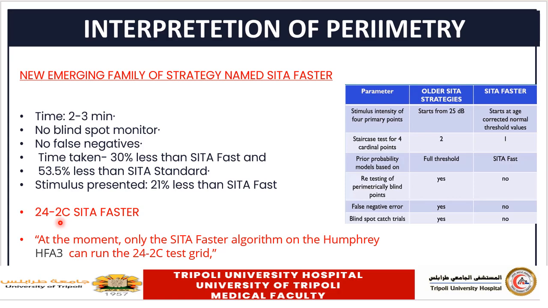So by this, we finish the different strategies, that's SITA Standard, SITA Fast, and SITA Faster. And we will speak about the other strategies, especially in Octopus, like the tendency-oriented perimetry and the dynamic strategy, in brief, a few words. Then we will start speaking about the pattern of perimetry.